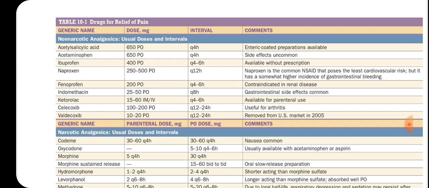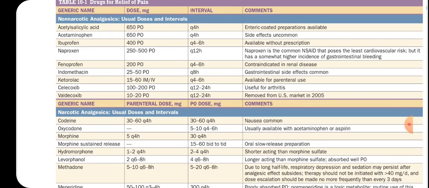Likewise, generic name, parenteral dose in mg, PO dose in mg, comments. Narcotic analgesics, usual doses and intervals. Codeine, parenteral dose 30 to 60 Q4H and PO dose 30 to 60 Q4H.